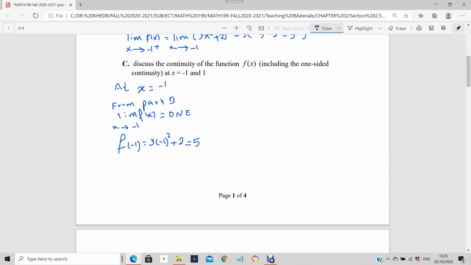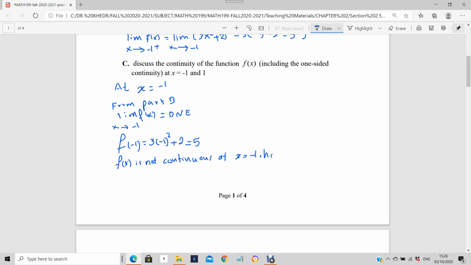So what we will do is we will say f of x is not continuous at x equals -1.